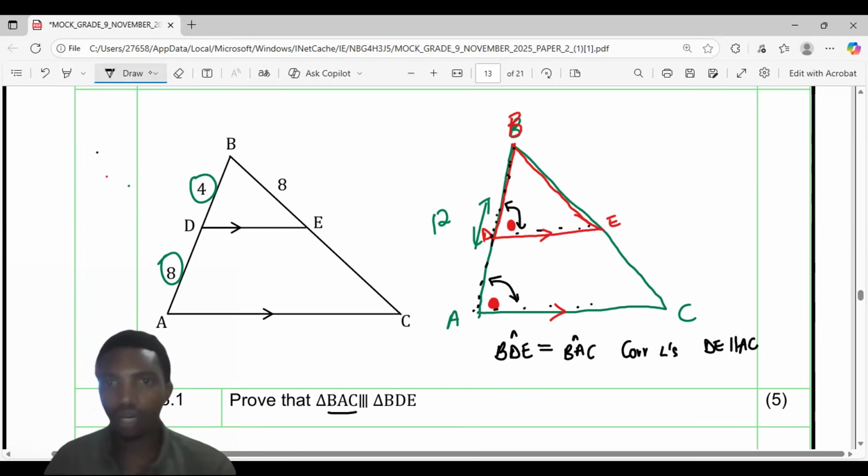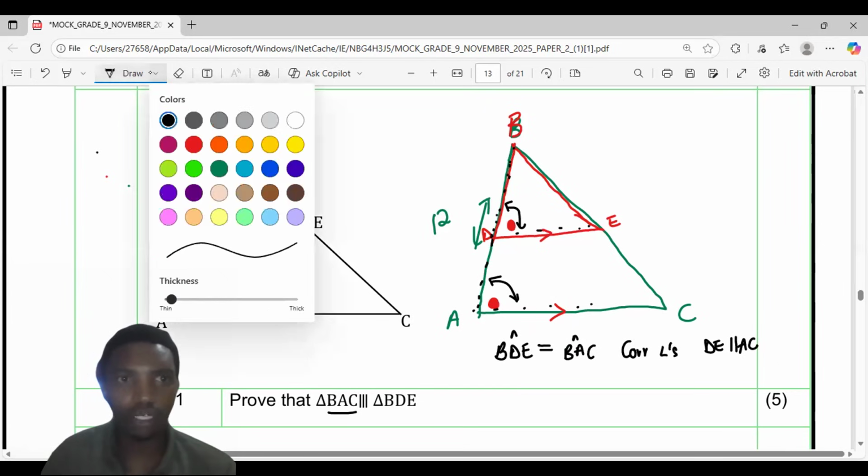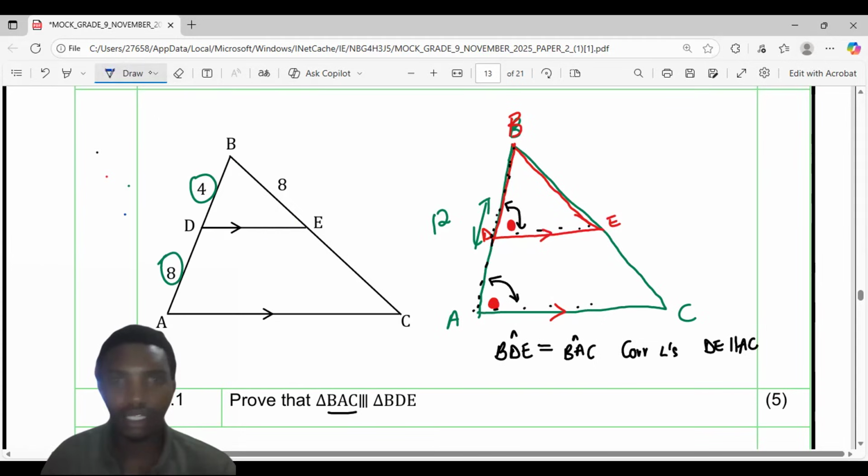So now what else can we spot here? This angle here is also equal to that angle there, right? Our reasoning for this is what? They're also corresponding angles. So now let's name them.